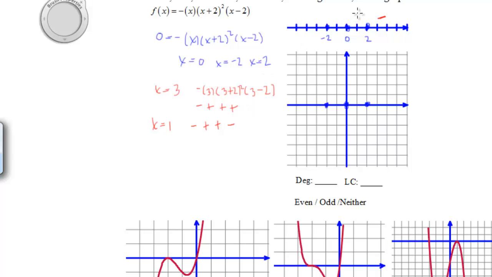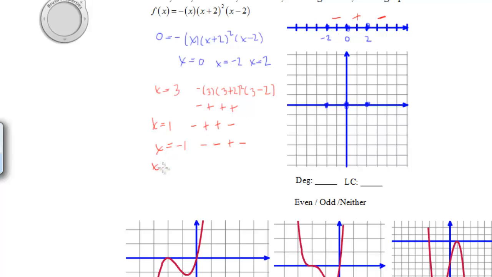And so the product there would be positive. And if you plug in a -1, you would get a negative for the leading coefficient, a negative for the first factor, a positive for the next factor, and a negative for the next factor. So this would be negative.